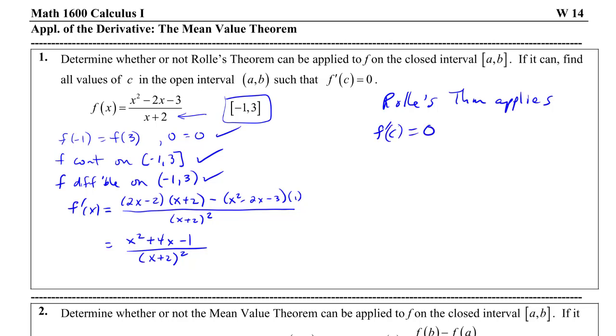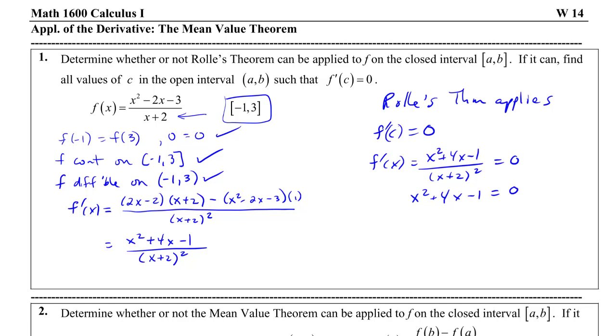So now, because this is Rolle's theorem, we know that the guaranteed value of the derivative is 0. And so we're just going to take this derivative we just calculated. Now that's only going to be 0 if that numerator is 0. Now you're going to have to go and use the quadratic formula on this.